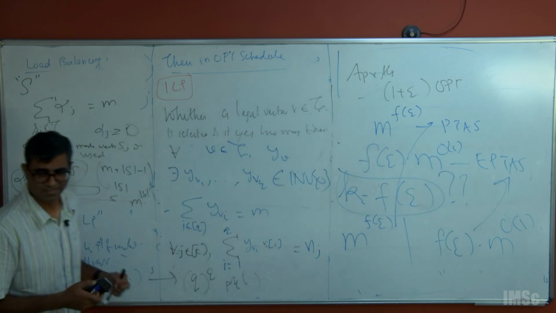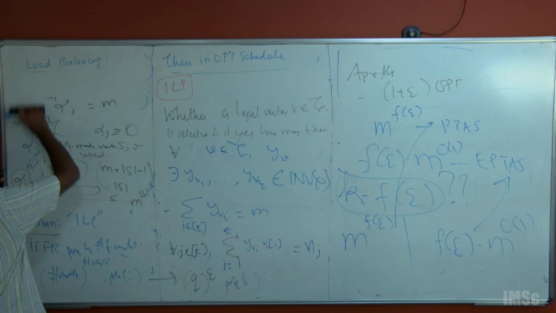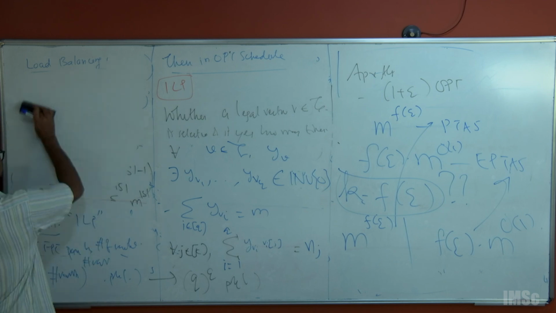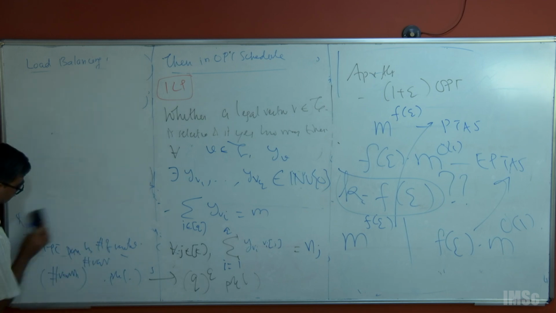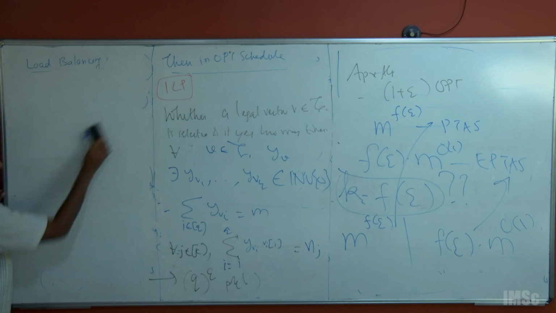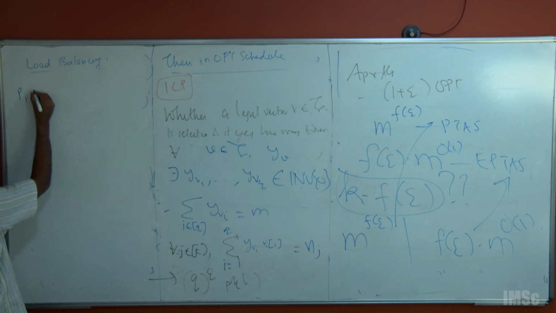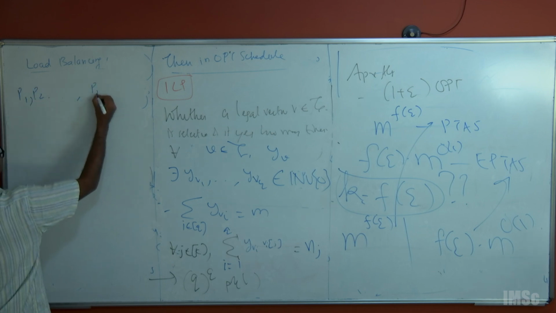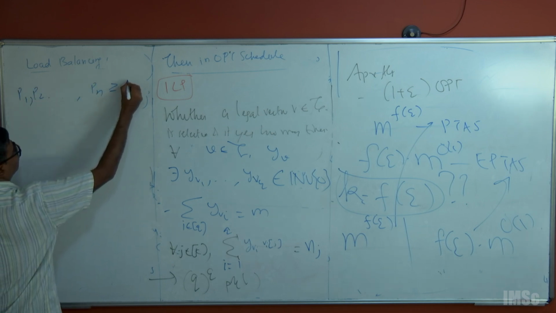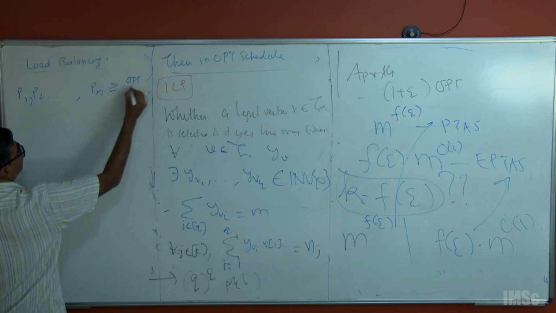This is easy, trivial. But anyway, our goal was 1 over epsilon, right? So let's remember, P1, P2, ..., Pn is at least opt by 10.